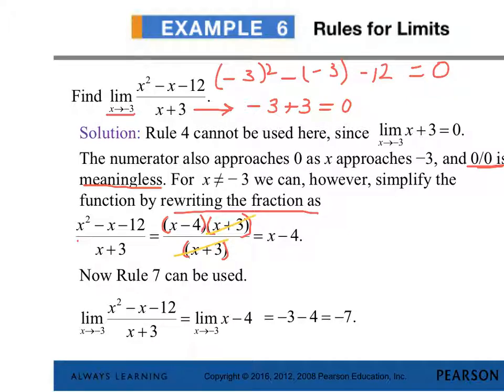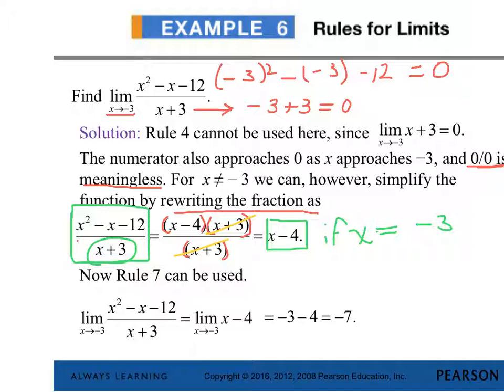So this function that we started out with is equivalent to just the function x minus 4 as long as x does not equal negative 3, because there was still this original restriction that x couldn't be negative 3.